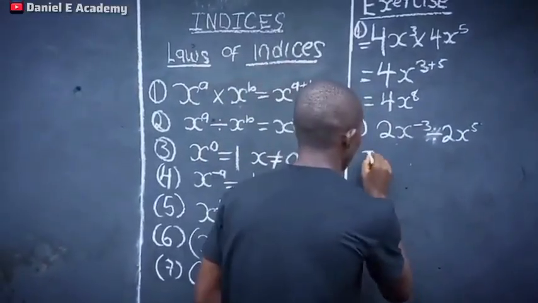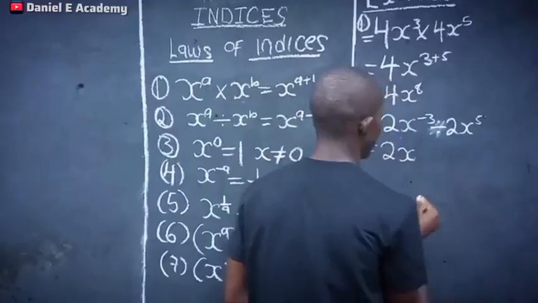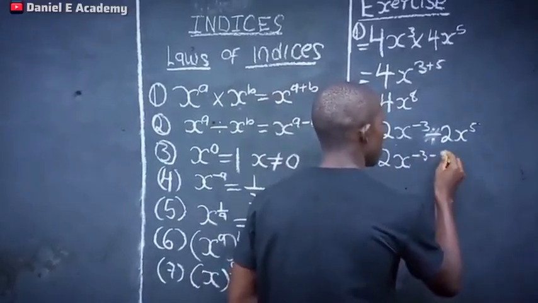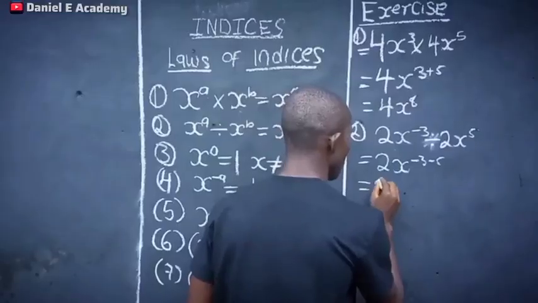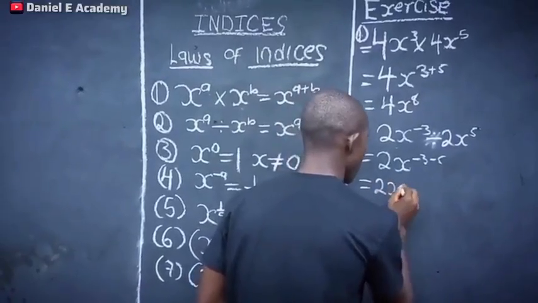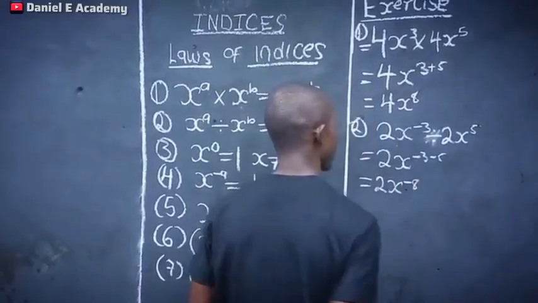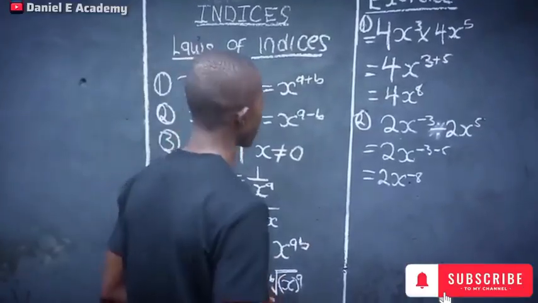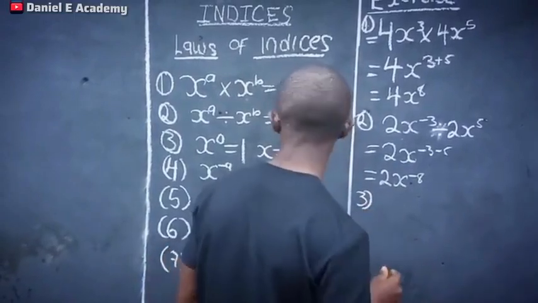So this will be equal to 2x power negative 3 minus 5, which is 2x power minus 8.